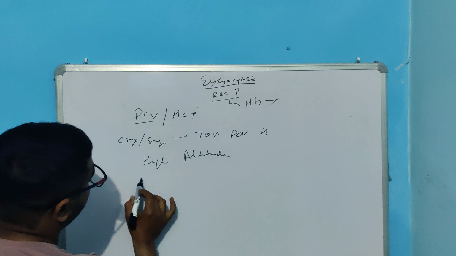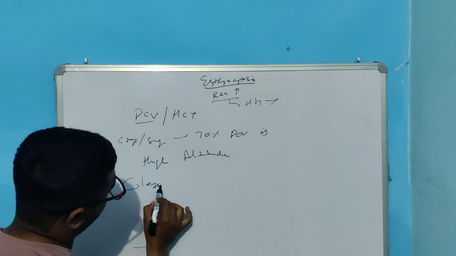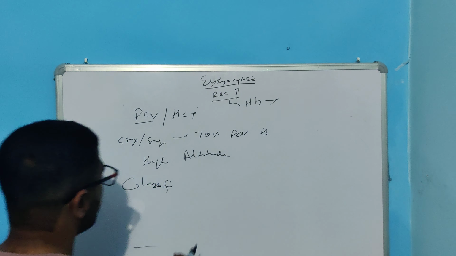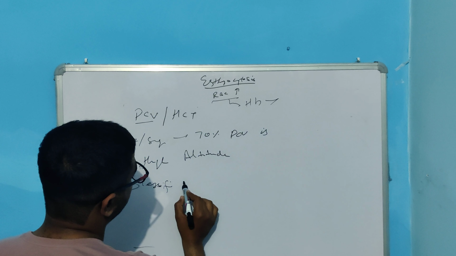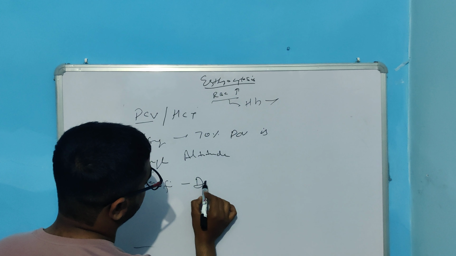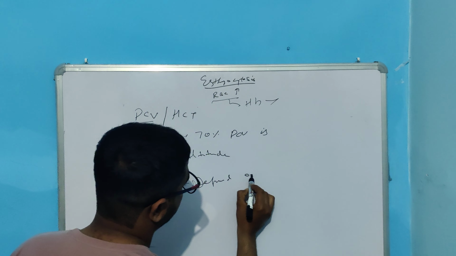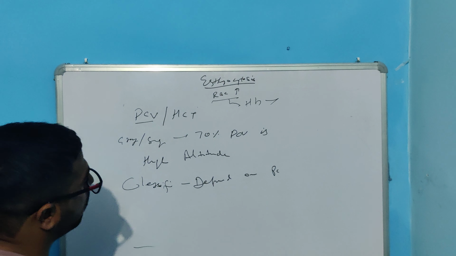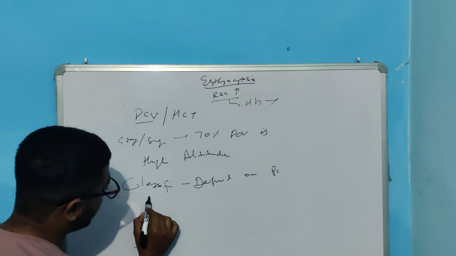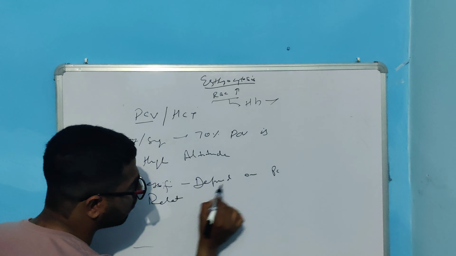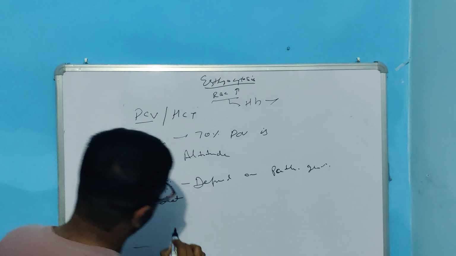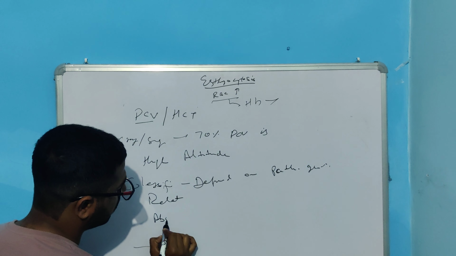Now the classification of erythrocytosis, depending on pathogenesis. There are two types: relative and absolute.